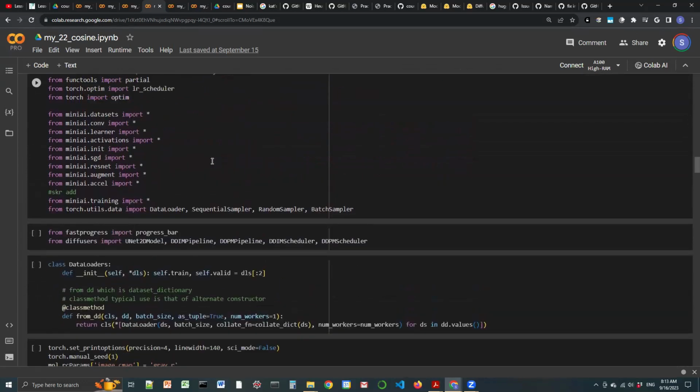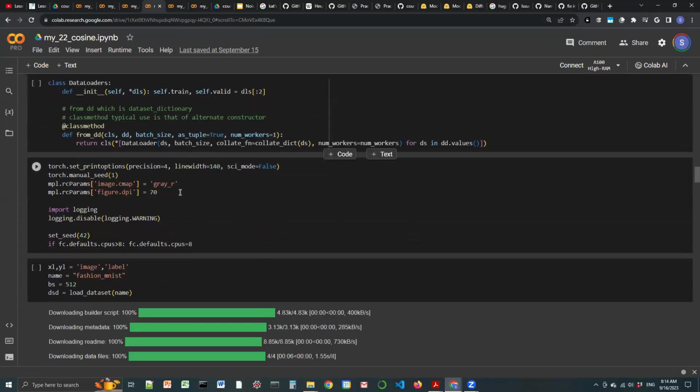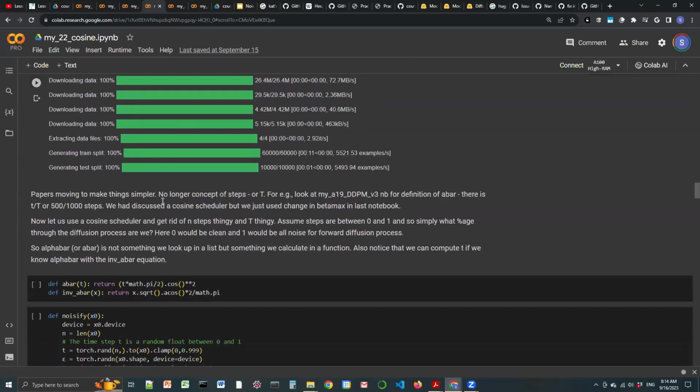So in this notebook, as I said, he's implementing the cosine noise schedule. All the front of it is the same as before. But at the bottom, he just says we are trying to get rid of this concept of capital T. Interestingly, at the end of the day you still retain the notion. It's just that you don't have to struggle with two values; you just stick with one value.